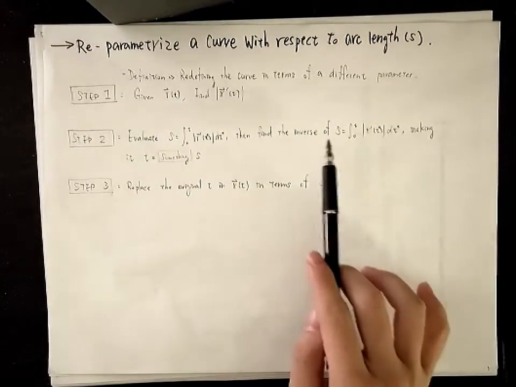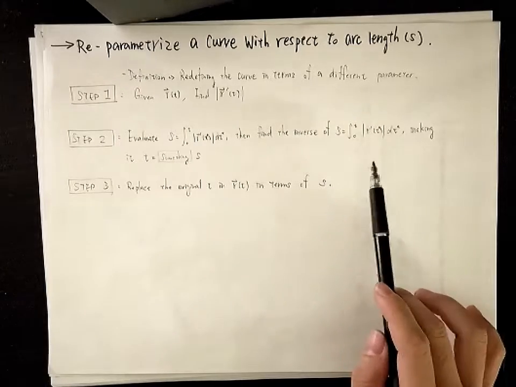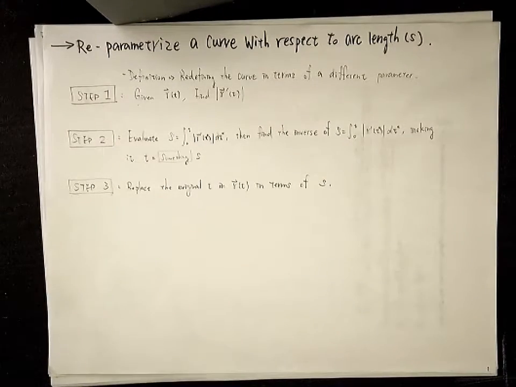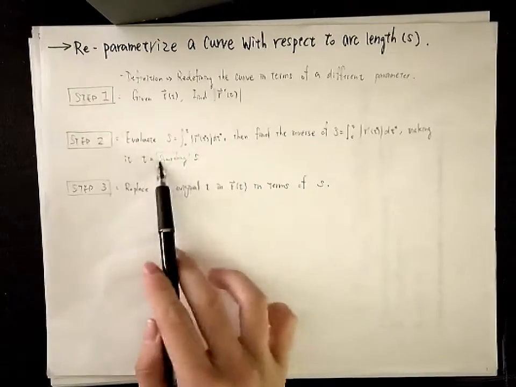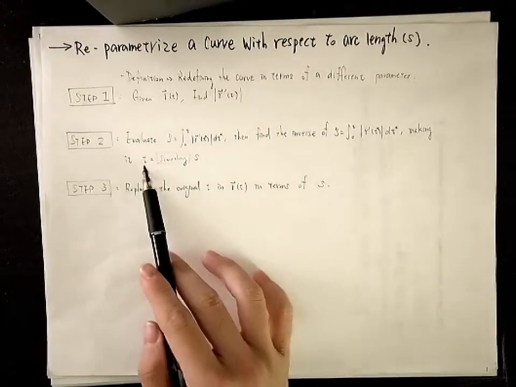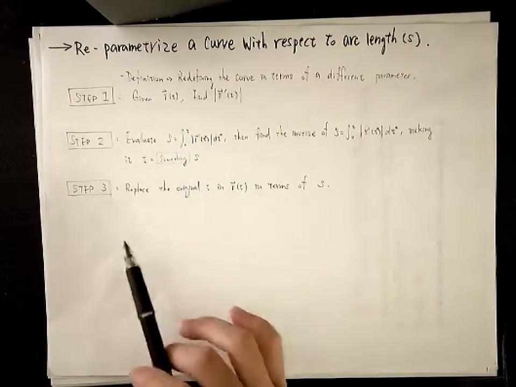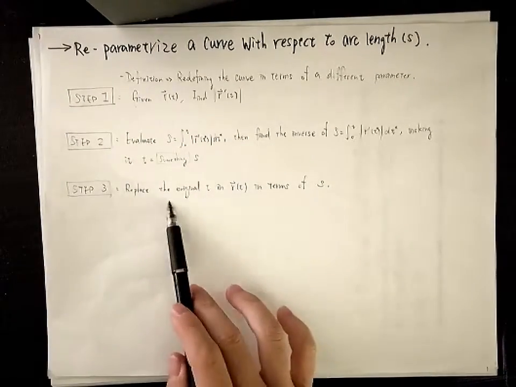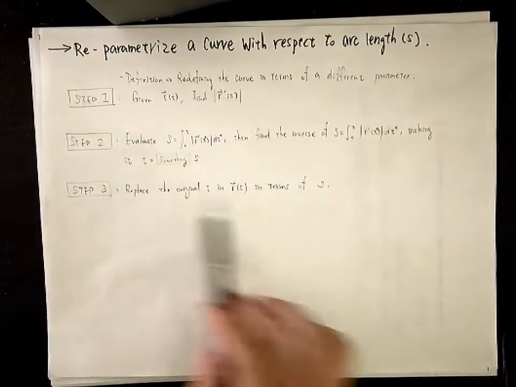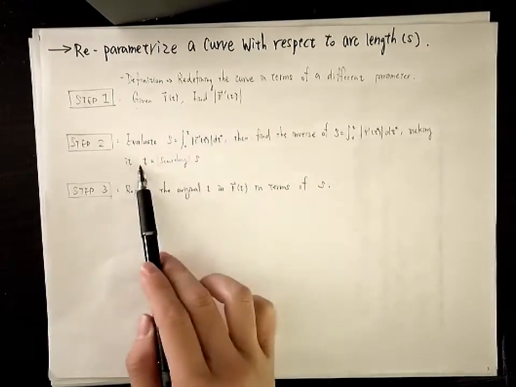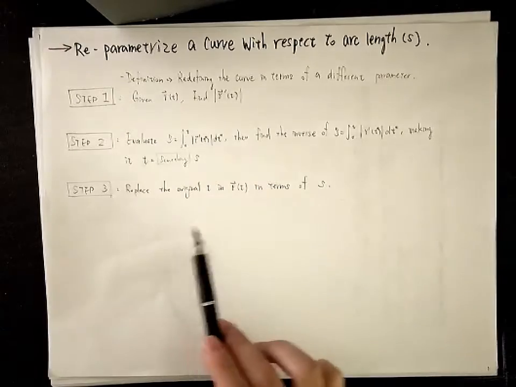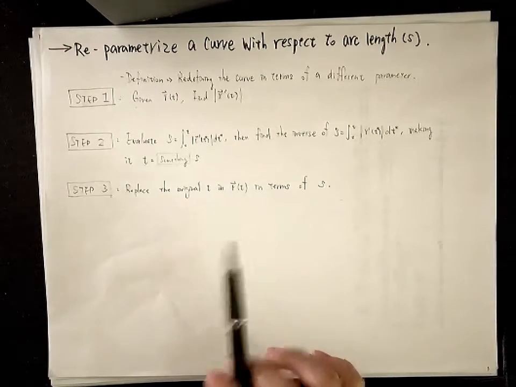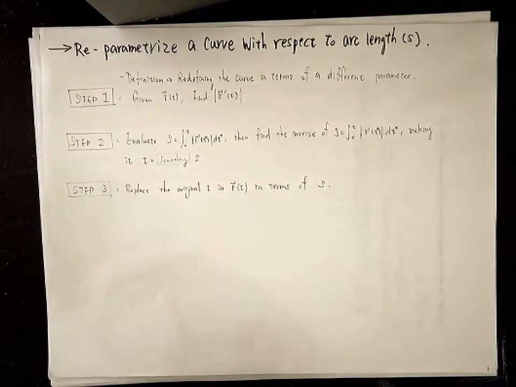Then we find the inverse of that, making it into t equals something in s. Step 3 is to replace the original t in r of t with the expression in terms of s. So we know t is something in s. We just plug this back in, and then we get a reparametrized curve.